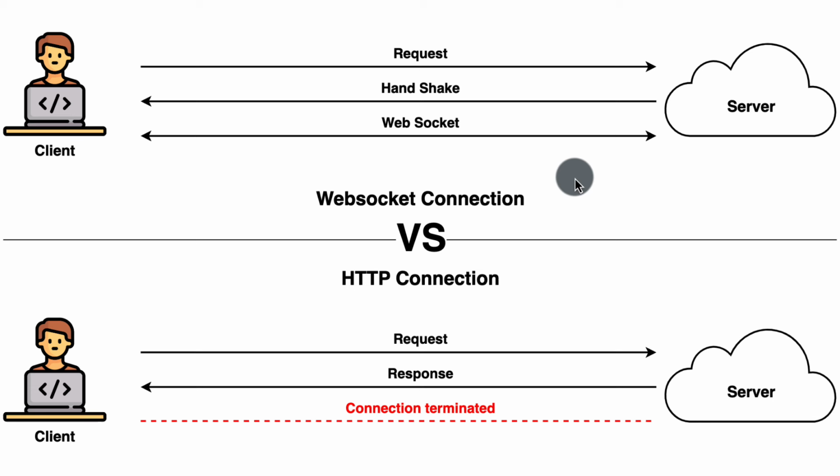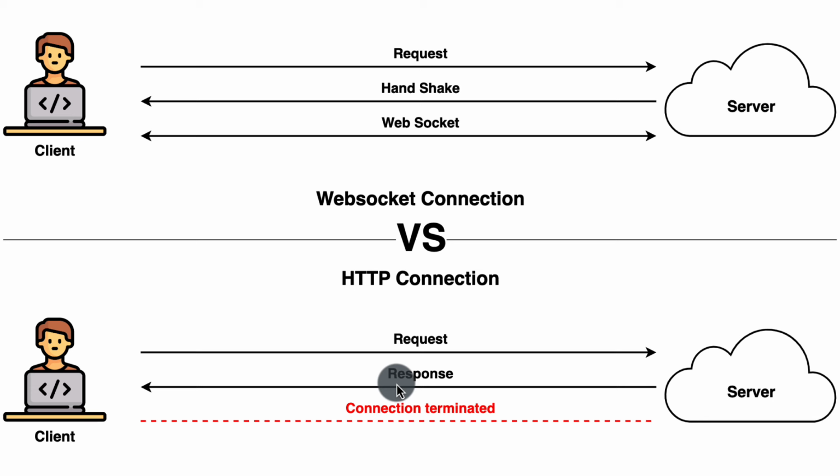Now let's talk about the key differences between the HTTP and WebSocket protocols. First of all, the first key difference is communication style. HTTP is a request-response protocol, meaning that the client sends a request to the server and the server sends back a response, and it's a unidirectional connection.